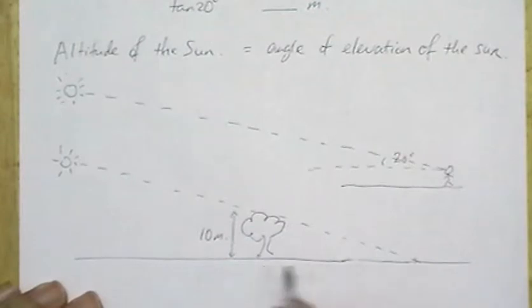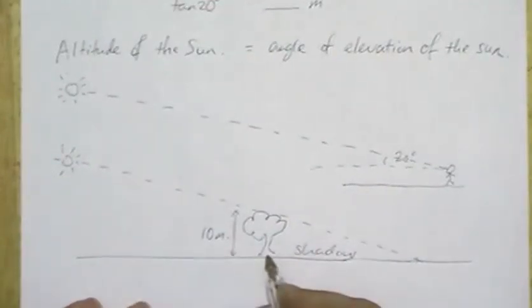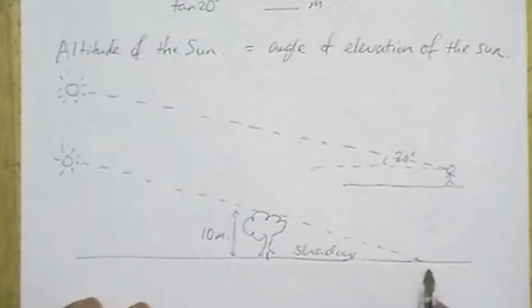So this will be the tree shadow. Then let's try and find the length of this shadow. Let me call that x, from there to there.